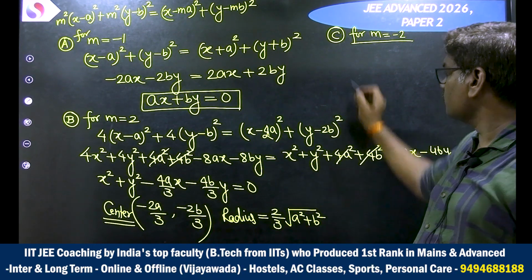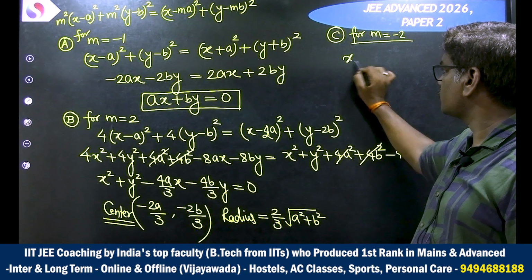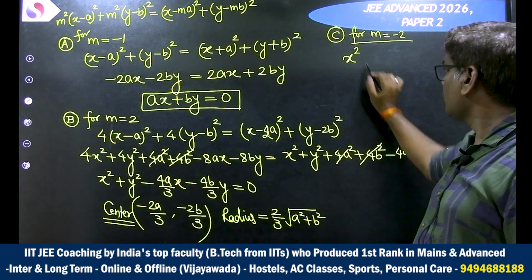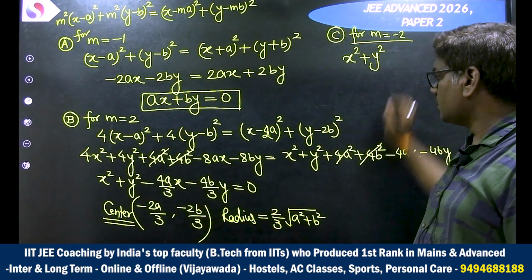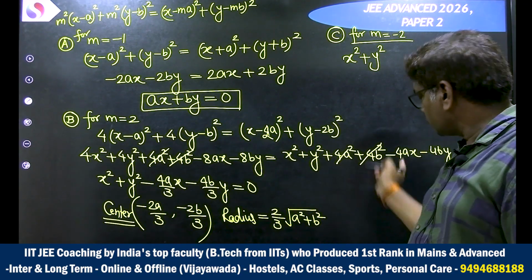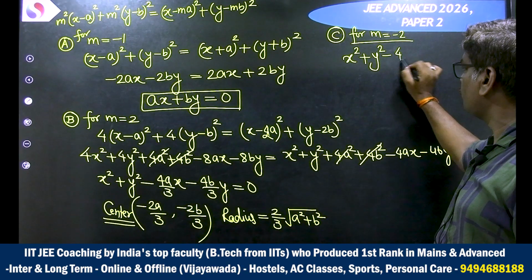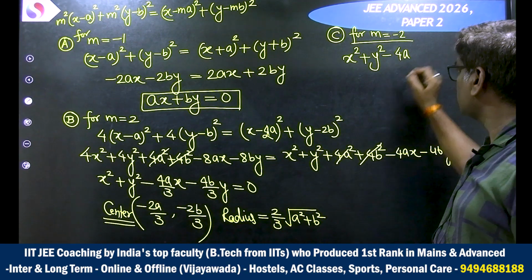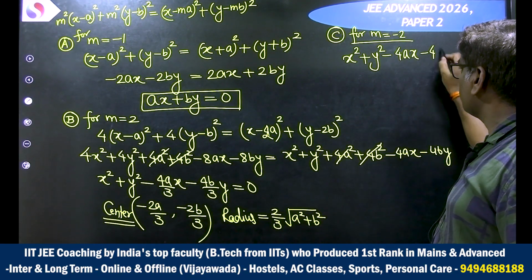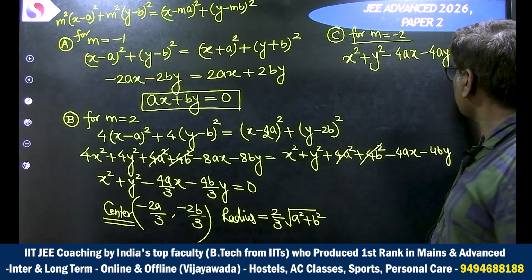So if I arrange the terms, finally what we are going to get here: x square plus y square. Now this minus 4ax is coming here, it is 12. 12 by 3 means it will give you 4a. 12 by 3 will give you 4ax. This is giving you 4by. Okay, that is equal to 0.